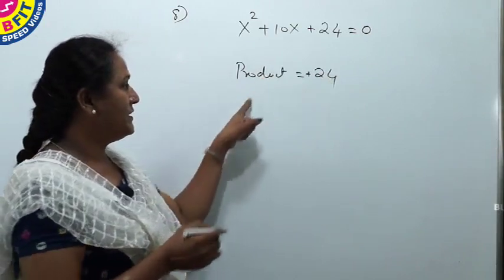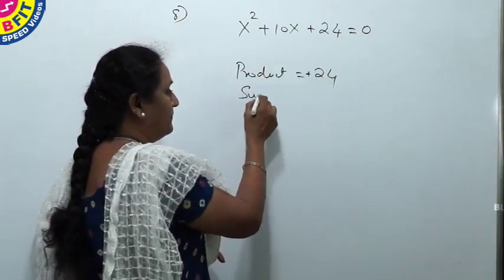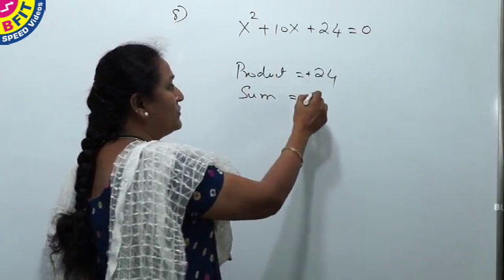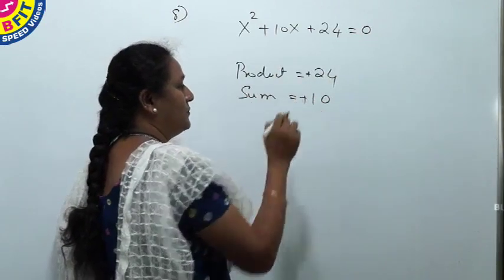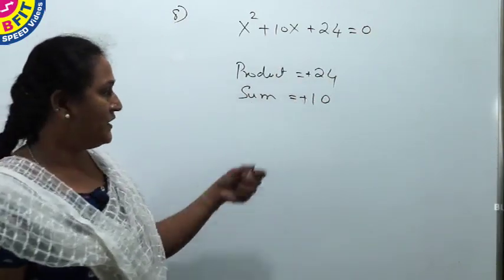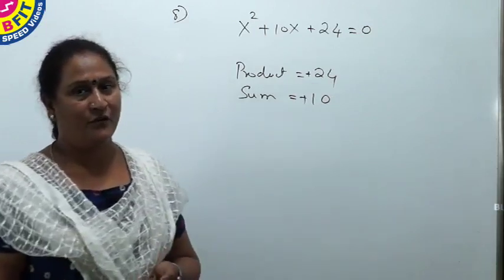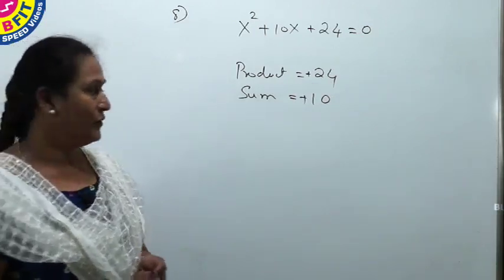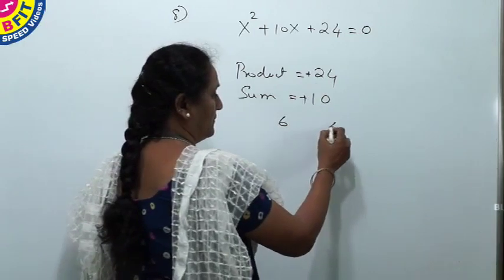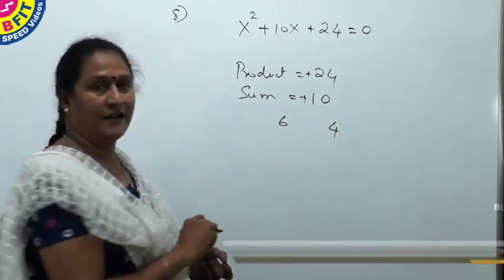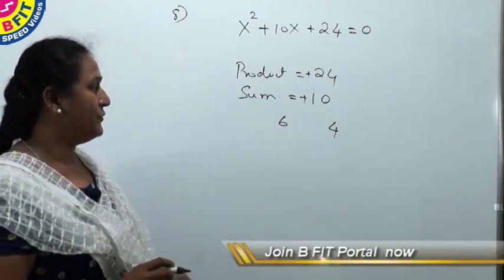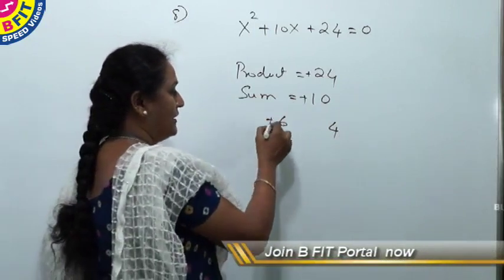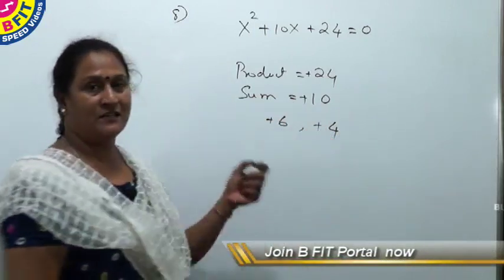As it is plus, write sum here, and the sum of those 2 numbers should be 10, so plus 10. So which 2 numbers when added you get 10 and product 24? It is 6 and 4. When added it is 10 and product gives you 24. As you have plus 10, it is plus 6 and plus 4.